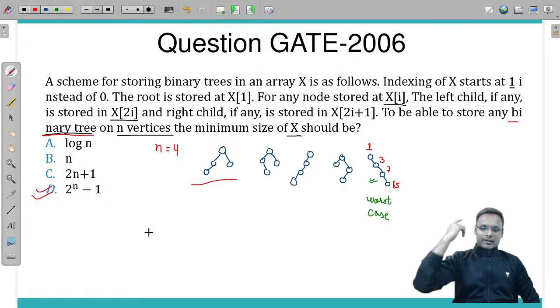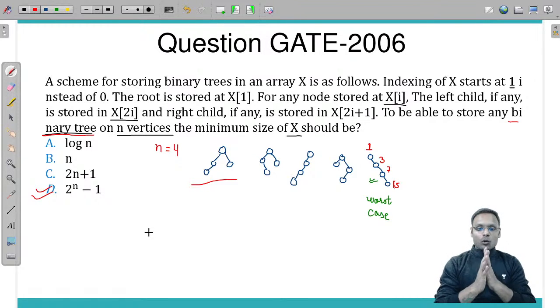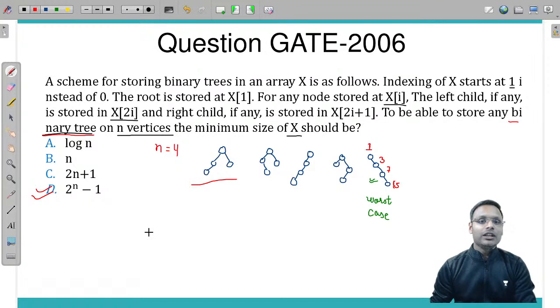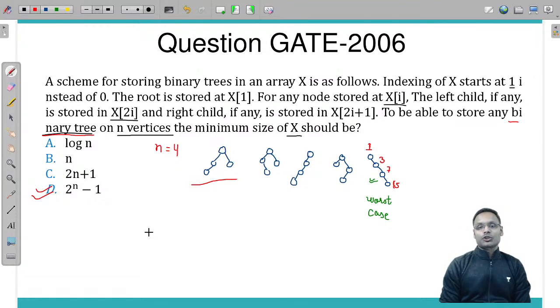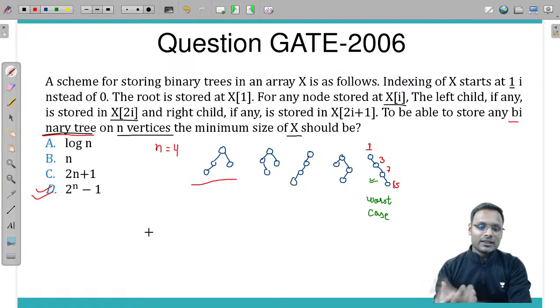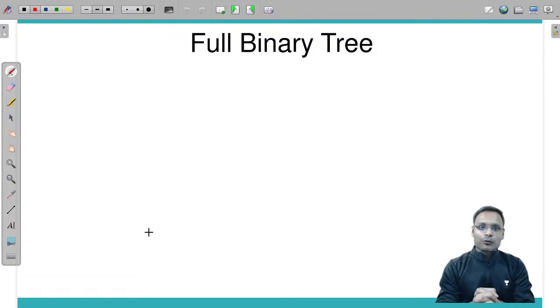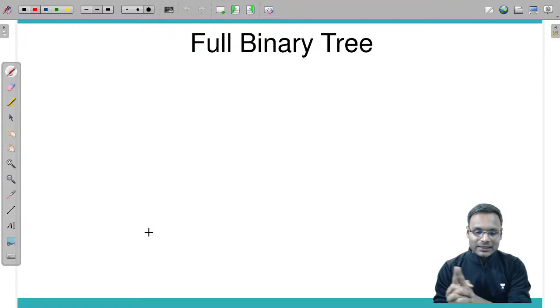Correct? आगे बढ़ गए. You need to read what exactly is given in the question, and based on that only you should solve the question. They are asking about any binary tree, not complete binary tree. That's why this answer is there. Okay, fine. If you are done with this, let's go for the next thing, which is full binary tree.